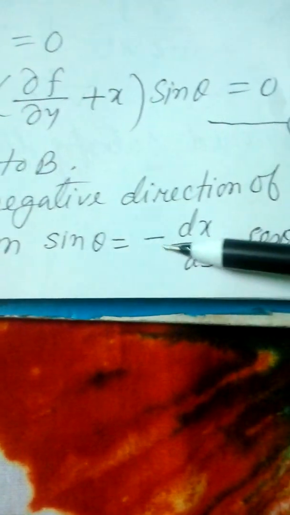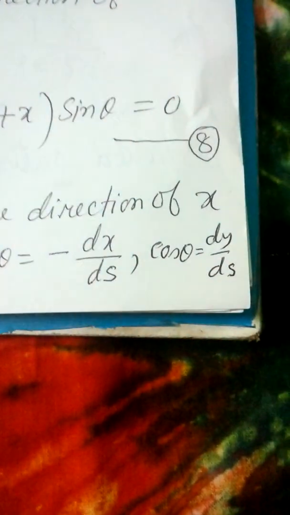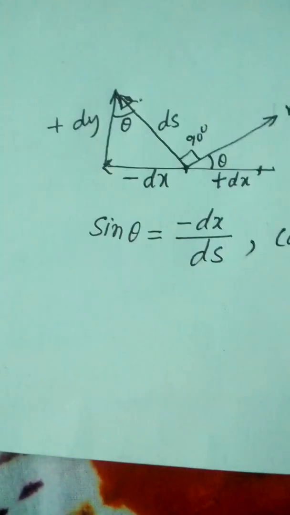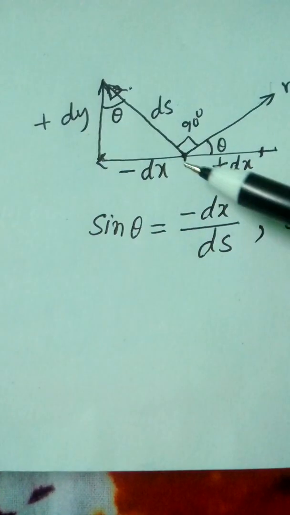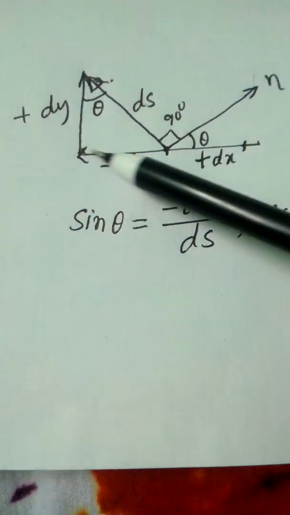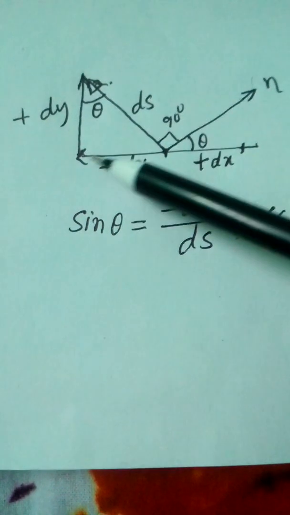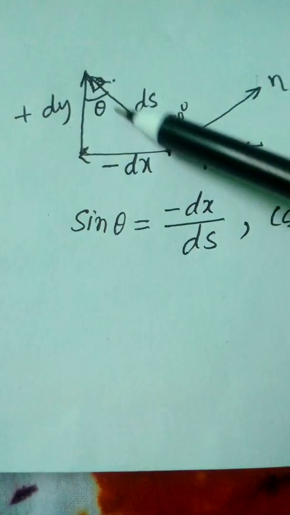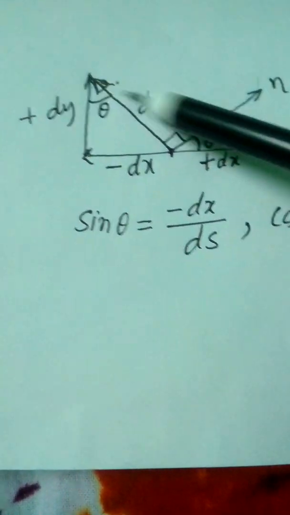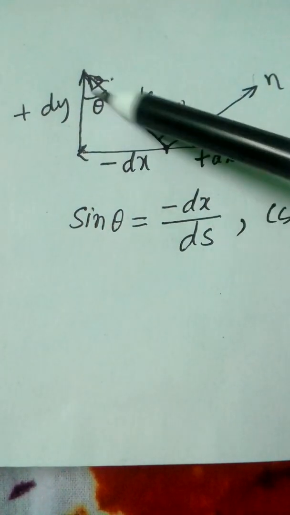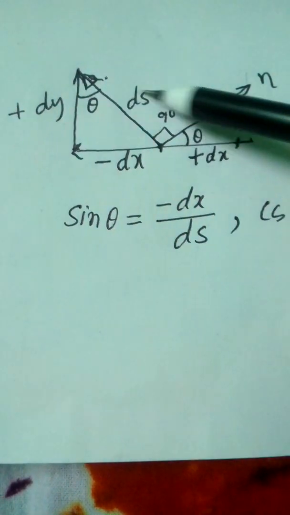Now I will show you this proof. This is very simple. You see, from here to here, it is dx, so this is ds minus dx, and this is ds, and this is dy. So this plus this actually is equal to this. So this is ds.